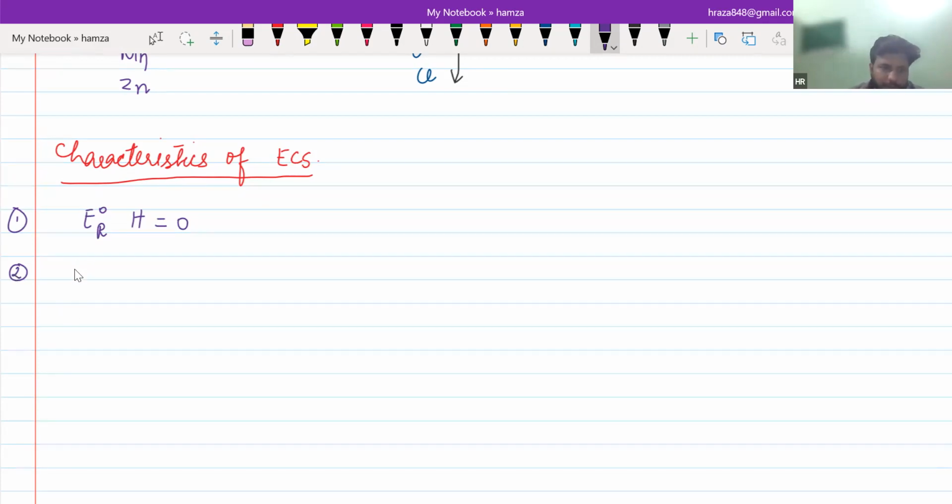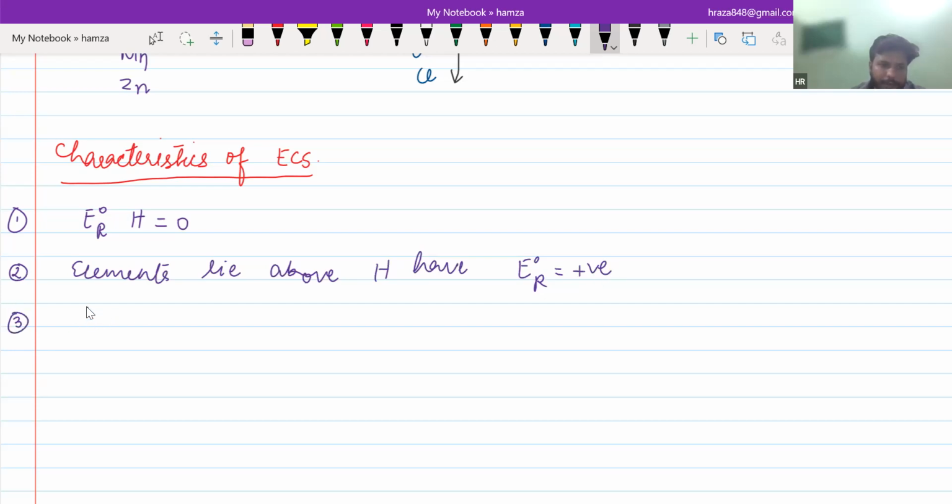Now the next point is elements that lie above hydrogen have E naught R positive.